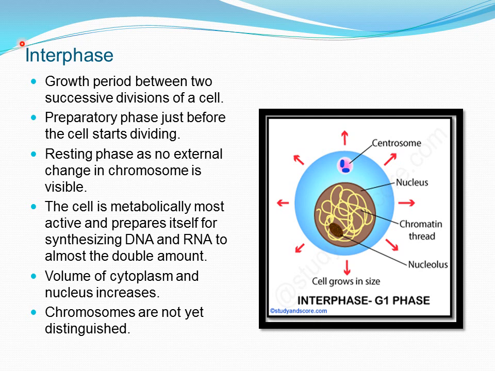Now here is the first phase of mitosis, the interphase. Here in this diagram you can see what is happening. Just look at this diagram, follow my red pointer. This is the phase, a growth period between two successive cell divisions of a cell.